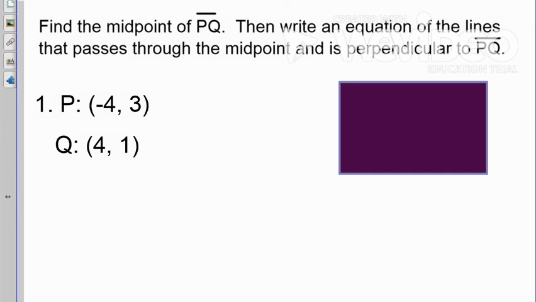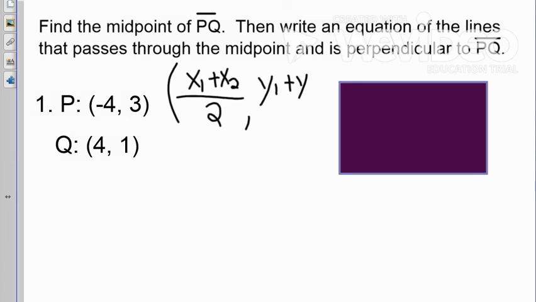So there's a lot to unpack here. It says find the midpoint. The midpoint formula is x1 plus x2 divided by 2, and y1 plus y2 divided by 2. So that is part A.